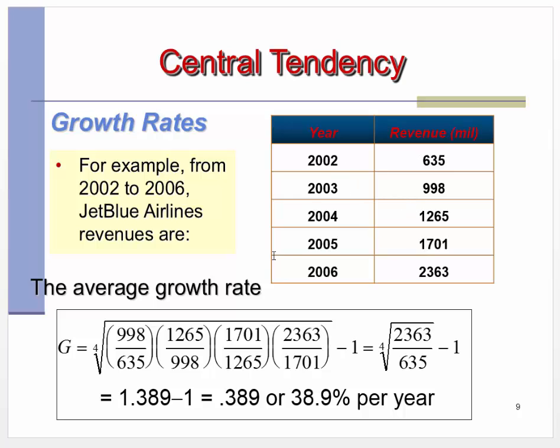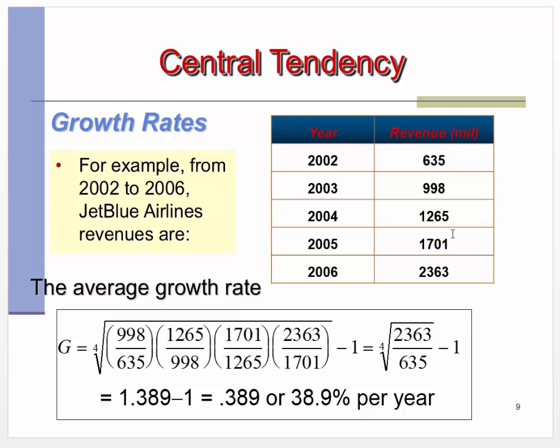To calculate that, you use each year over the previous year. That's 2003, 998, over the 2002 value of 635. Then for the following year, you use 1265, 2004, over 998, the 2003 number.